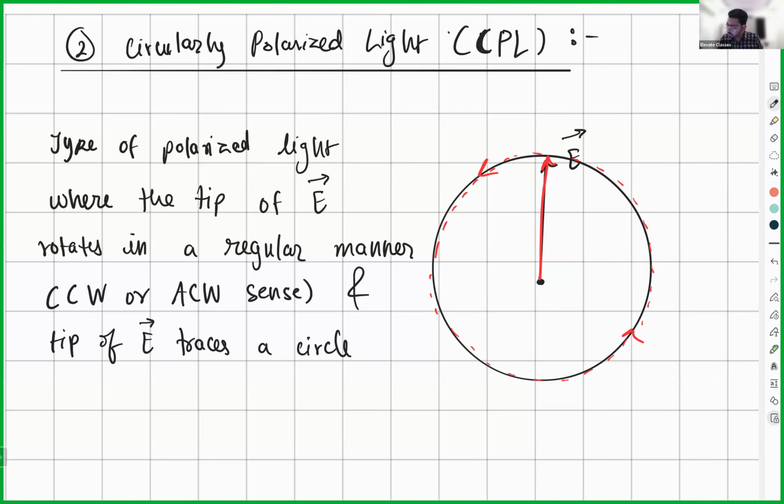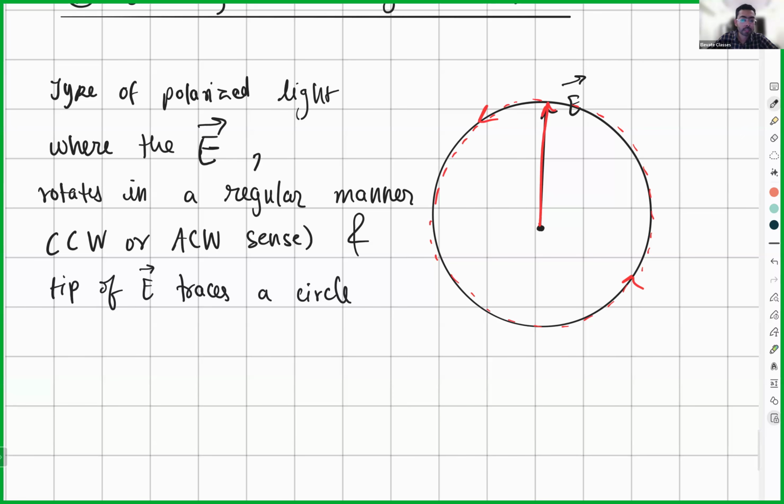So you write where the electric field rotates in a regular manner, either clockwise or anti-clockwise, and the tip traces a circle, right?